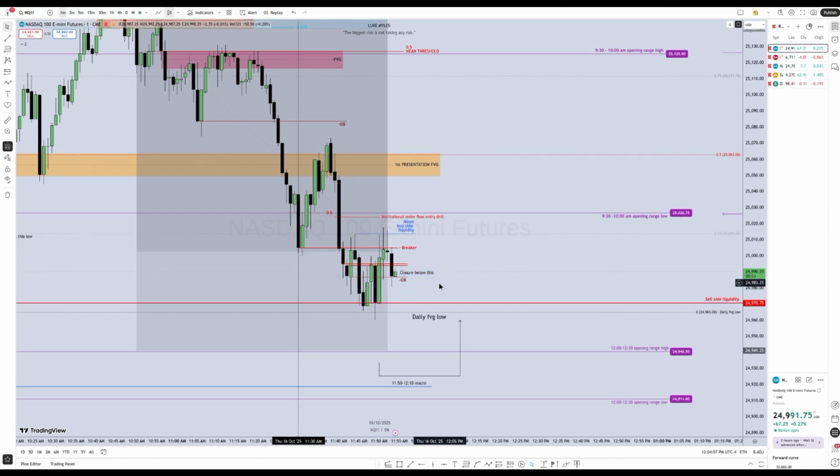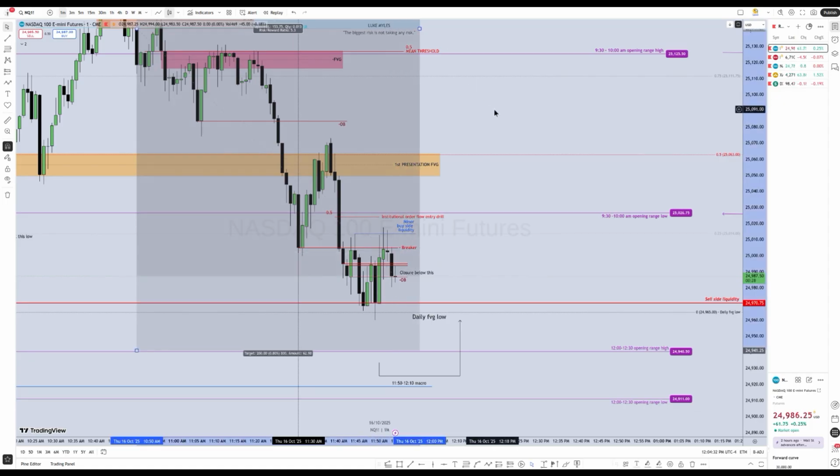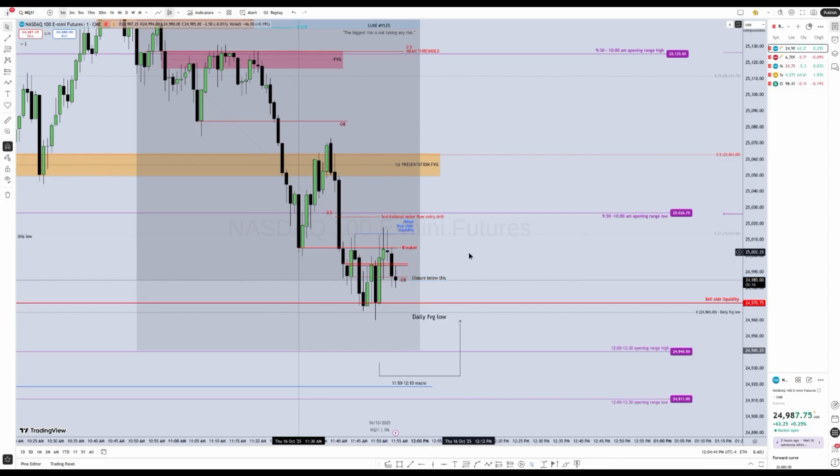Mind you, you're not making money, it doesn't matter. So this is how you put in the work, note the volume imbalance right there. I expect the closure below that negative order block right there. So this is the bearish order block. I expect closure below that, and then we shall run from that going lower.